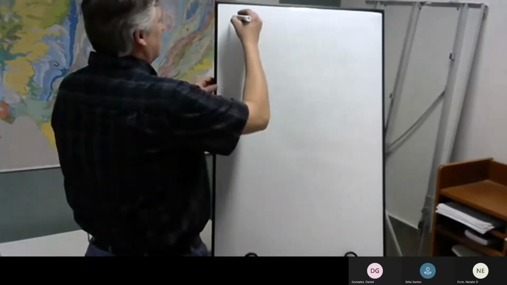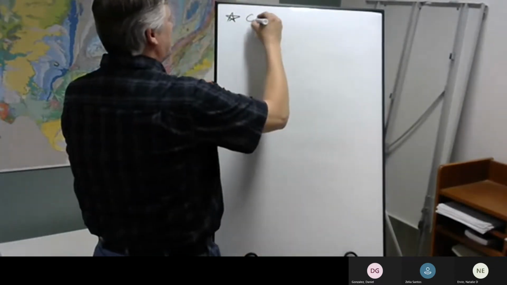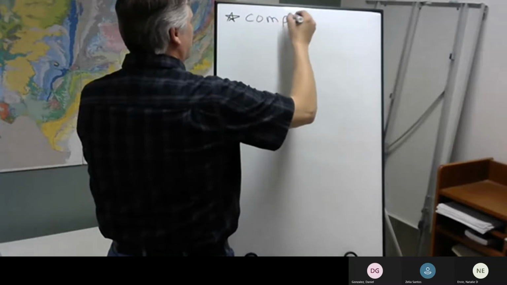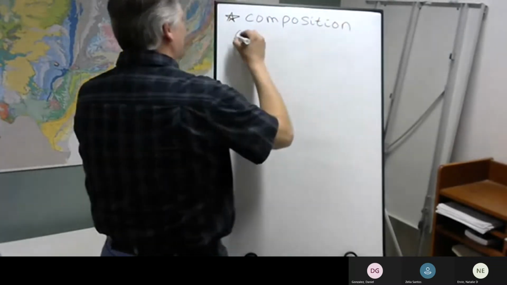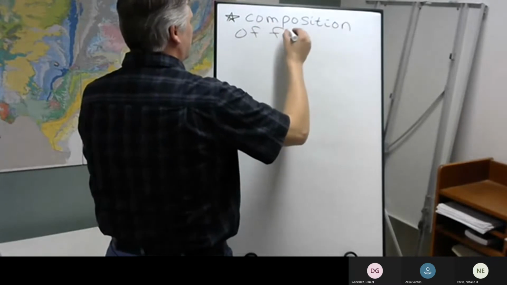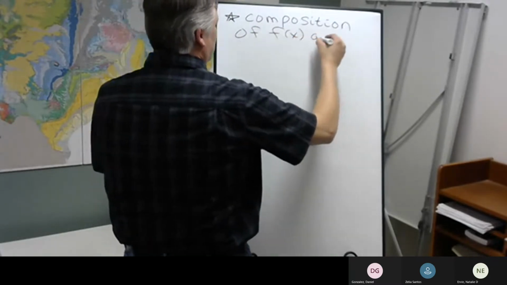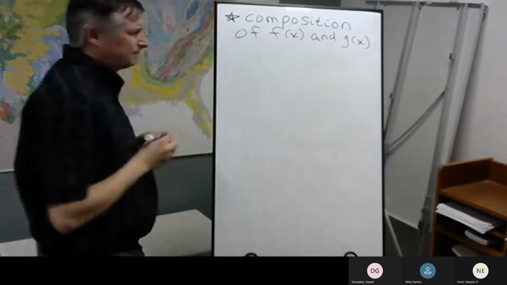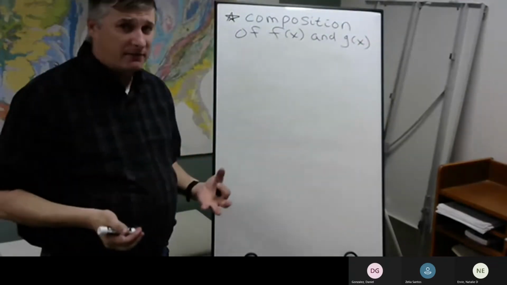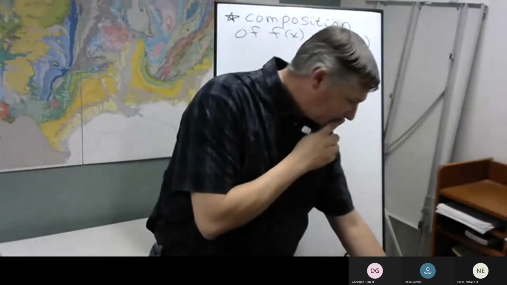So there's one more dimension, and it's kind of a special one. Composition. So composition of f of x and g of x. So what happens here?